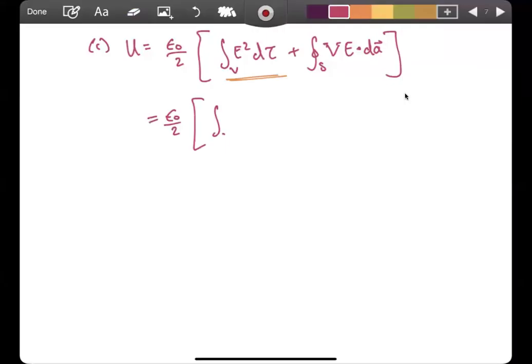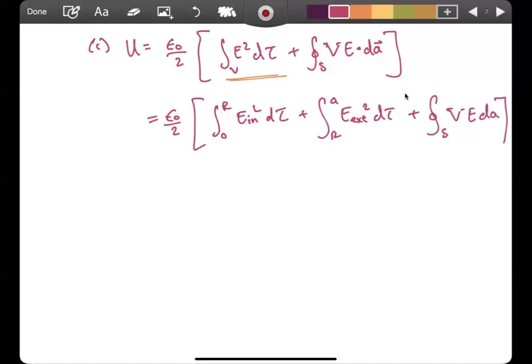So again, I'm going to get the integral from 0 to capital R of the interior portion of the field strength squared integrated over the volume, plus the integral from R to A of the exterior portion of the electric field integrated over the volume, plus the integral over the surface of then the potential times then the field strength times the differential area. Because again, the electric field only points in the radial direction, so we want only the radial portion, which of course it only points in the radial direction anyways.